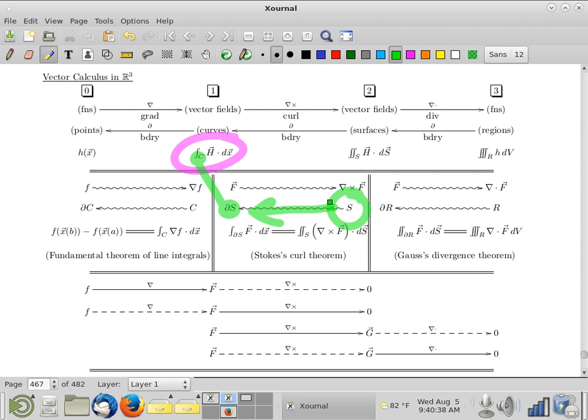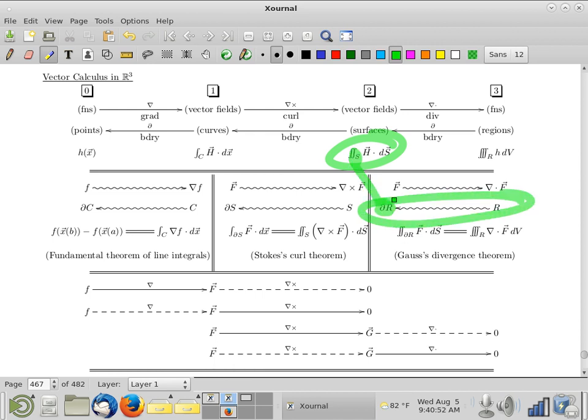Understand what the curve looks like and then see, is that a boundary of something. If it is, then you can use the theorem on the right. Likewise, if you're computing a flux, if that surface you're given is a boundary of some solid, then you can use Gauss's divergence theorem.